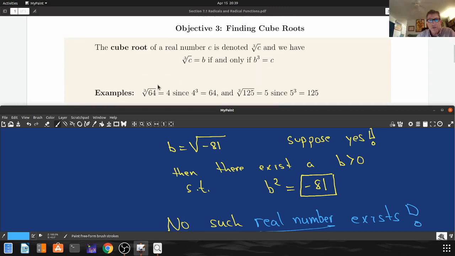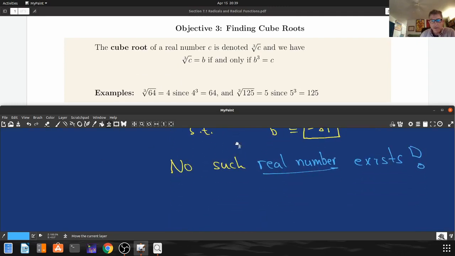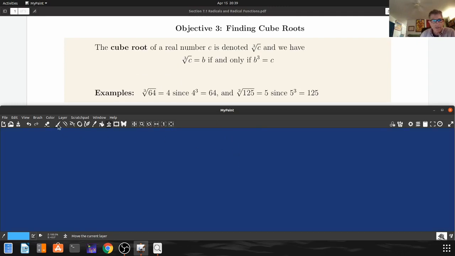So now let's do the cube roots. Cube roots are really interesting, but they're going to be different than square roots.